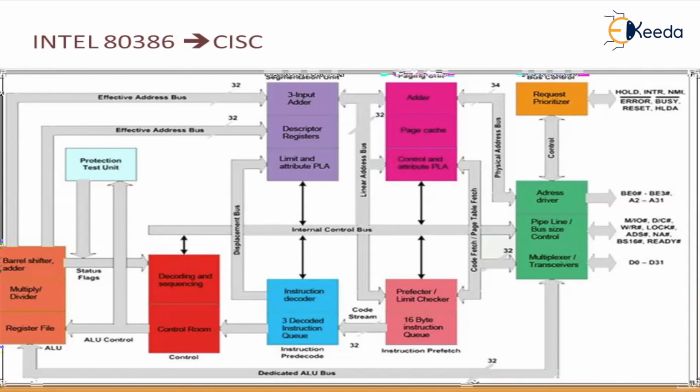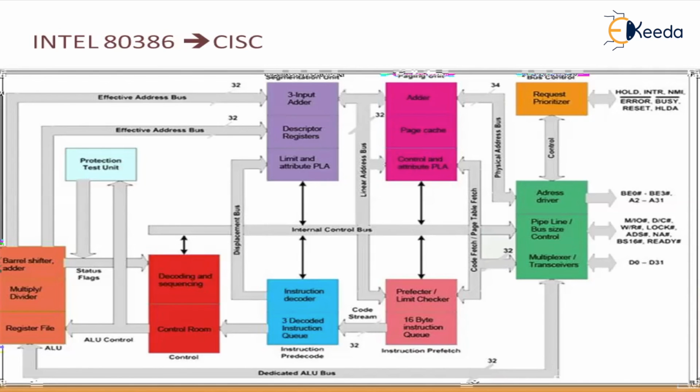Now this adder is connected bidirectionally with the help of the address bus to a 3-bit adder, which is directly linked with the descriptor registers. These are the registers that describe the location, like the start point and the end point of the registers, the location where these registers are stored, the memory location, the index, and then they have limit and attribute of the PLA.